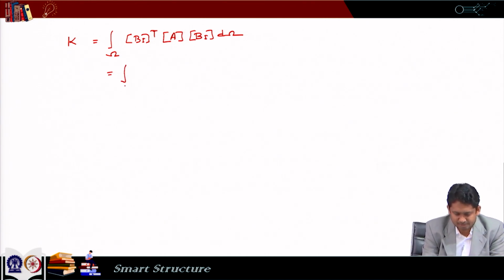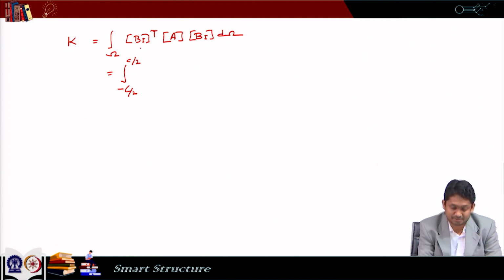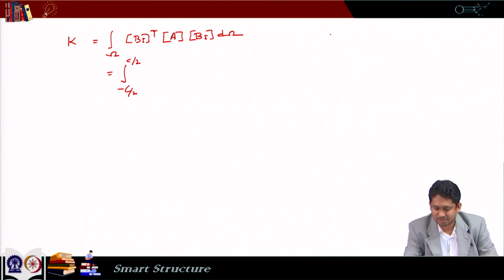And this becomes integral from minus C by 2 to C by 2, and we have to put the B matrix in terms of the approximations.